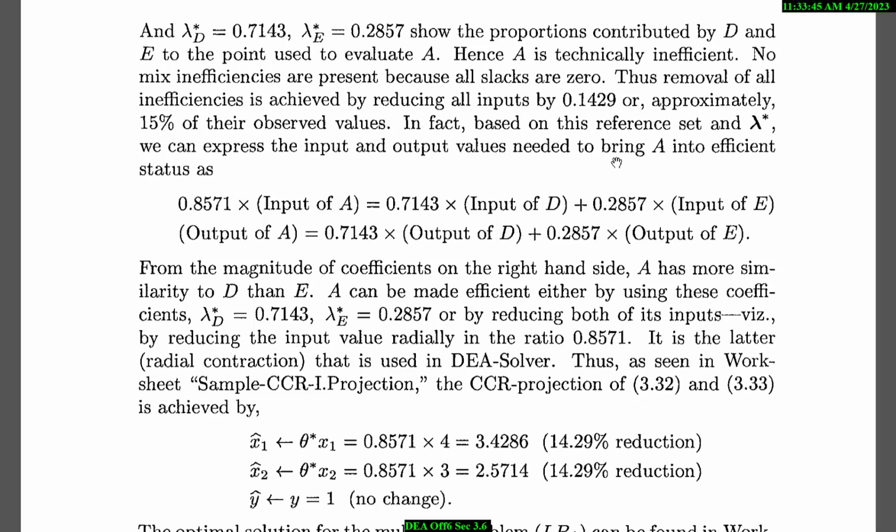As we defined before, the projection can be determined as you can see from here.